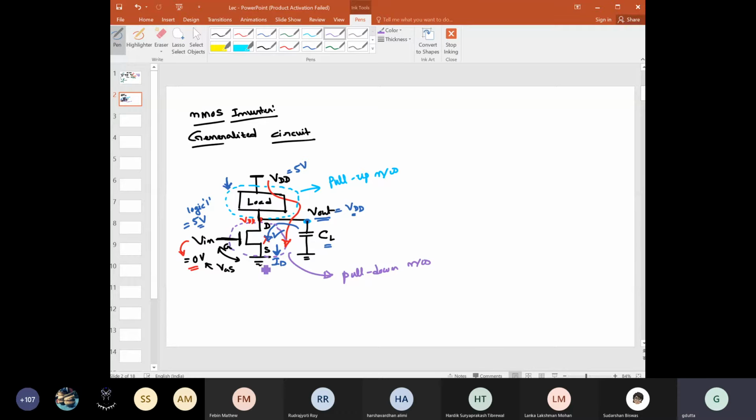Is this clear to you? What is pull up network and what is pull down network? How to design this pull up network and pull down network, and what are the requirements, we will see slowly. But at least for the time being, now you know what is pull up network and what is pull down network.